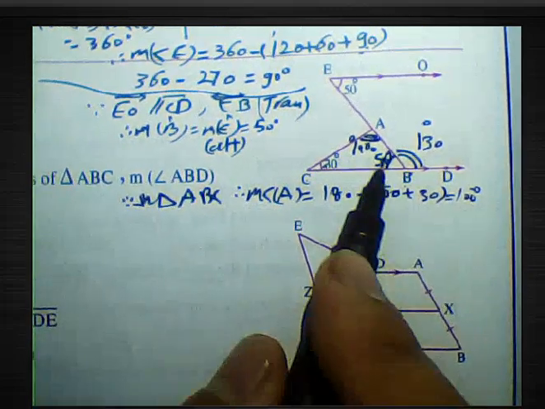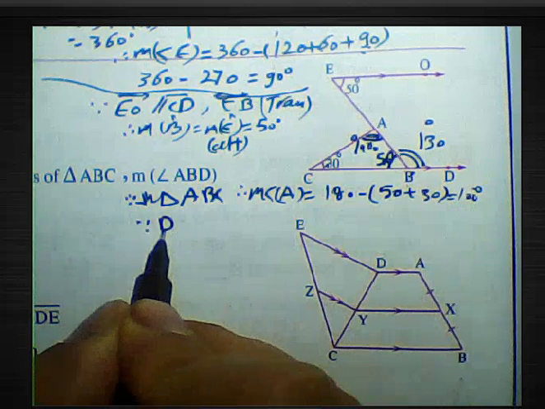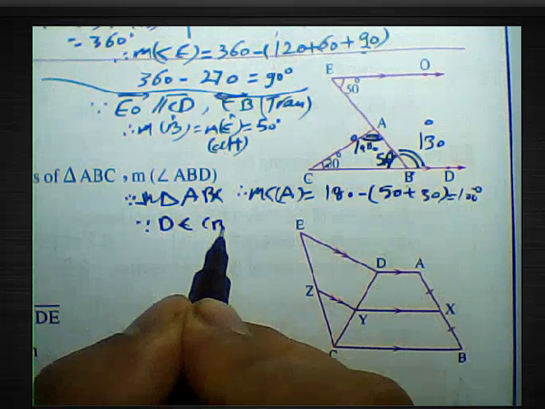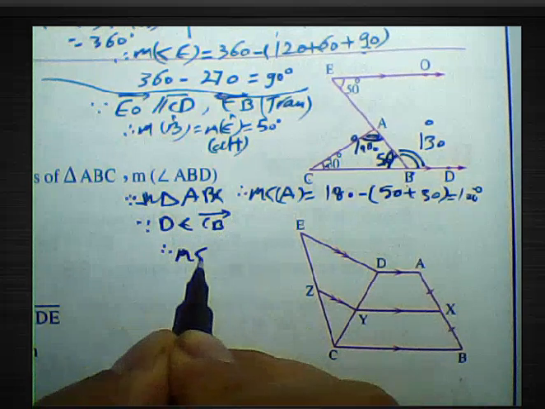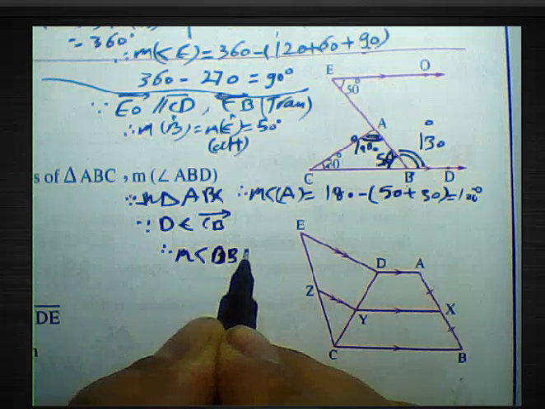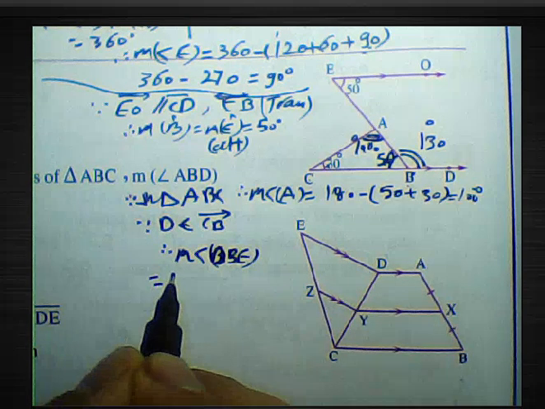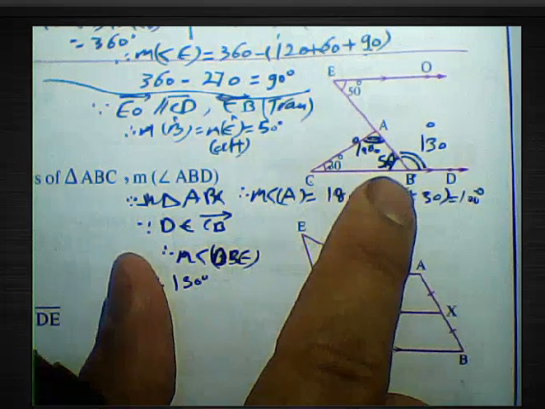We have an exterior angle such that D belongs to CB. Then the measure of angle DBE equals 130 degrees, the sum of the interior angles opposite to it.